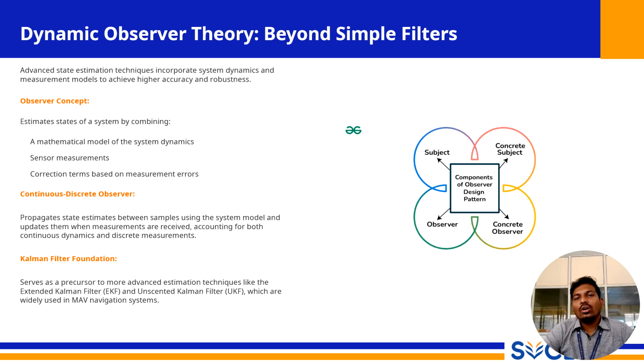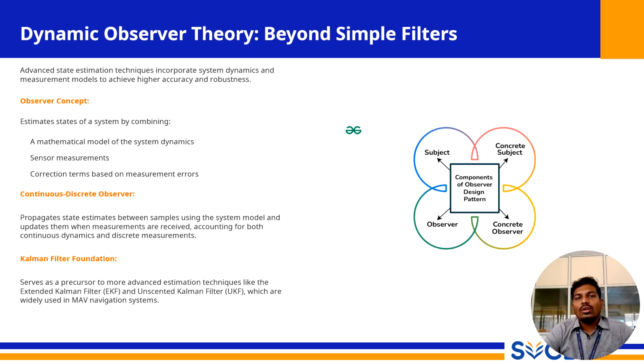Second, it incorporates the actual sensor measurement. This is the measurement update step. Third, and most importantly, it calculates correction terms based on the measurement errors. The observer compares this prediction with the actual sensor measurement.